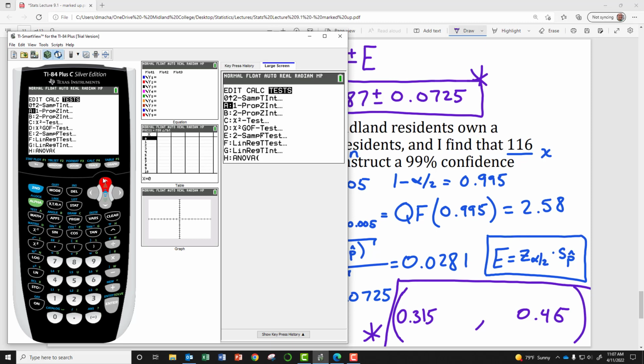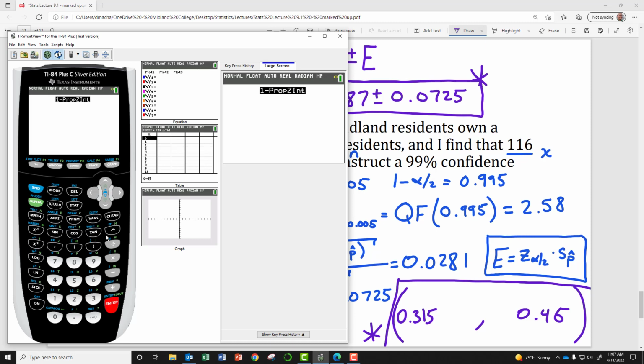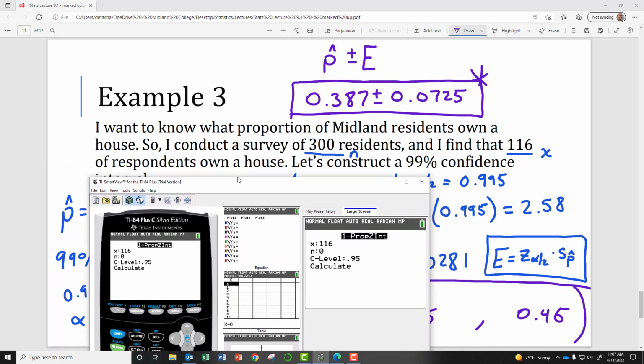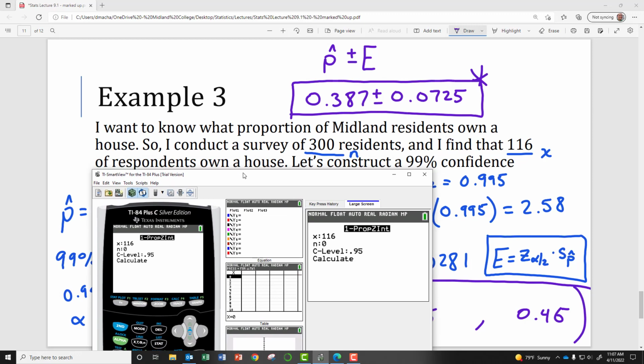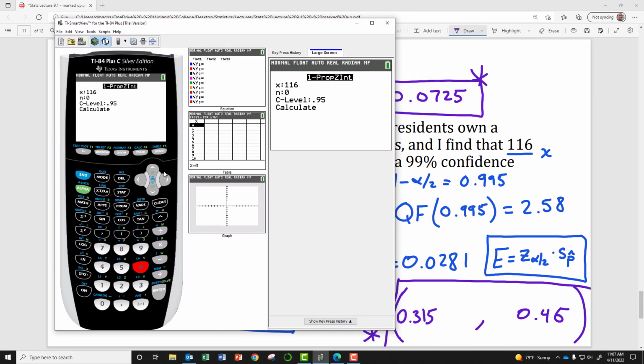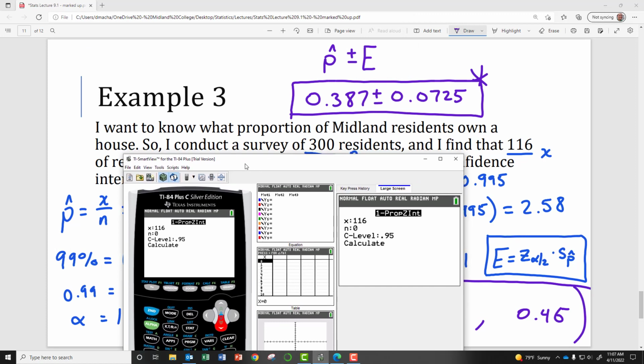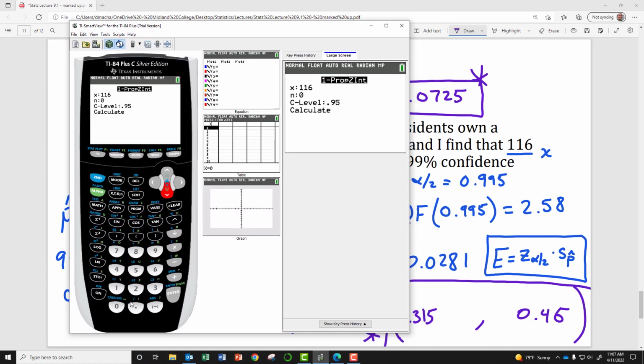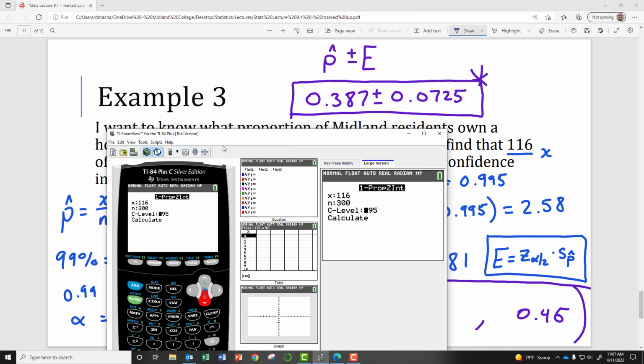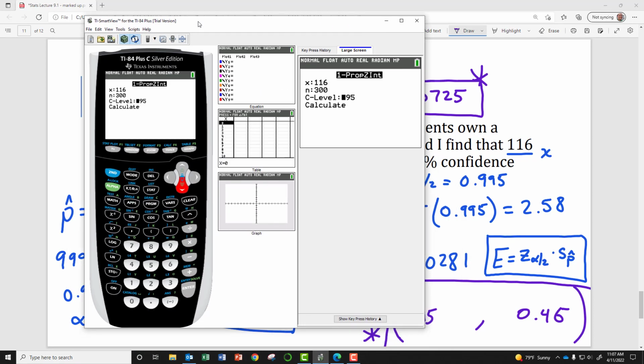So select that. My calculator is going to ask me what was my X. And for us, that was 116. That was how many respondents to my survey said that they owned a house. N is going to be the number of people I surveyed. So this is my sample size of 300. The confidence level I wanted here in example 3 was a 99% confidence level.